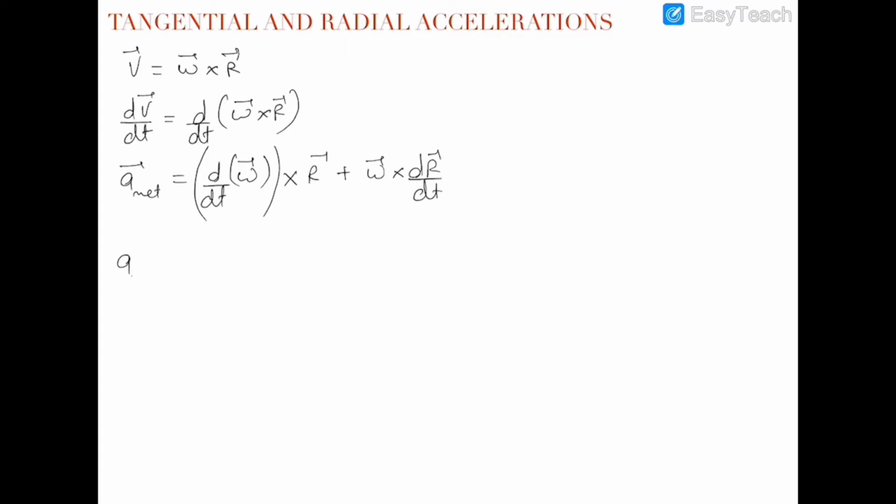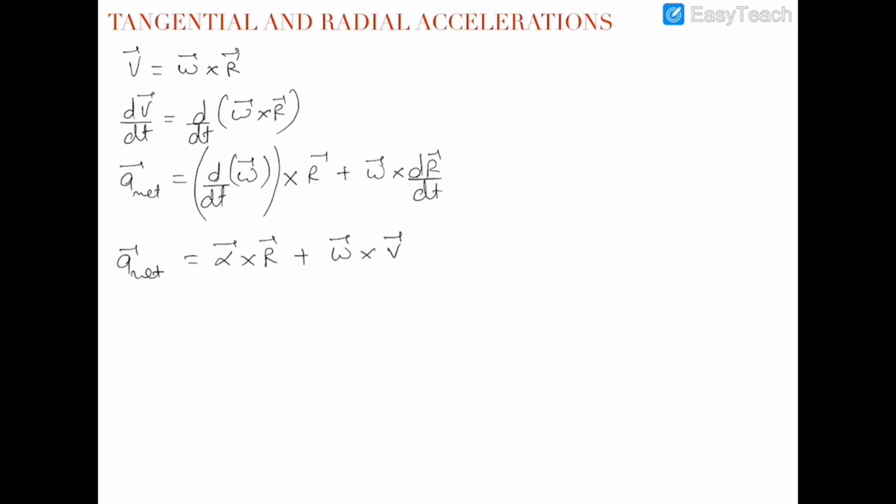Now this is a net, and d omega by dt will be alpha, the angular acceleration, as well as dr by dt, which is the change in position vector of the particle, and hence it would be the linear velocity.